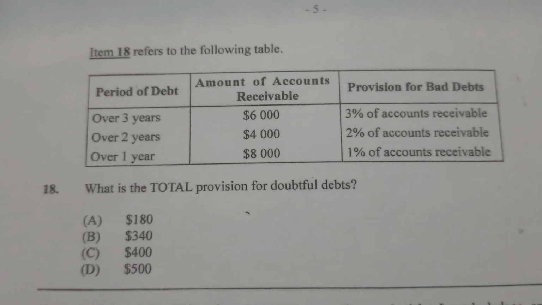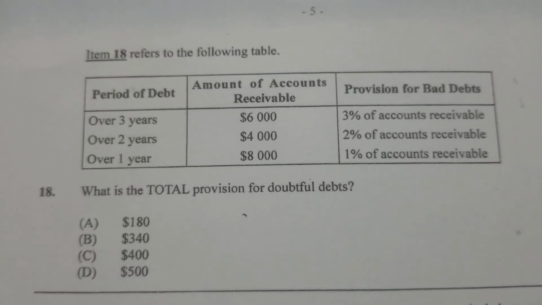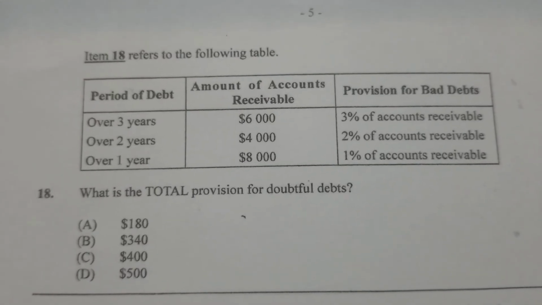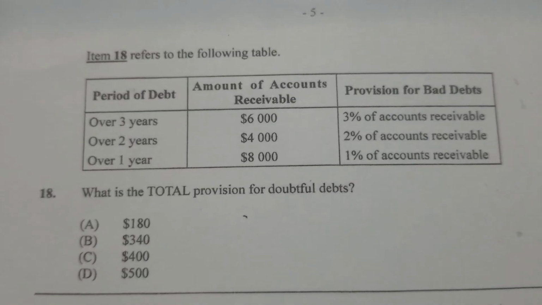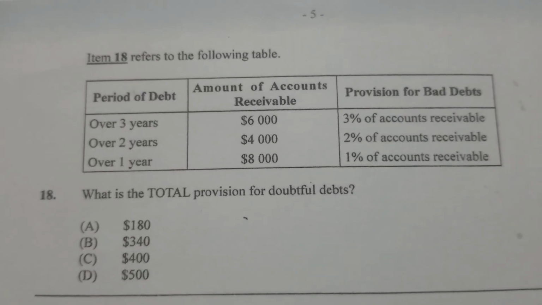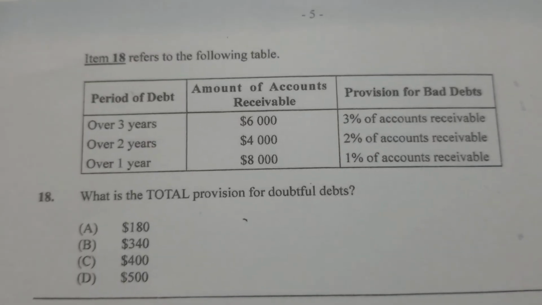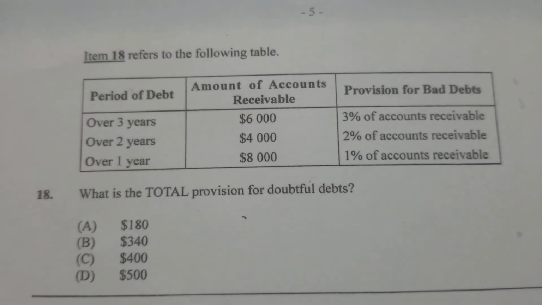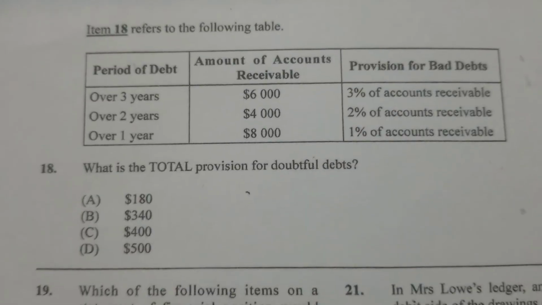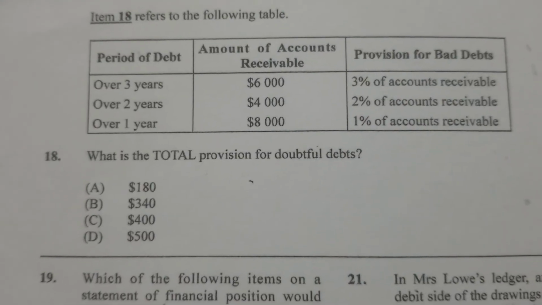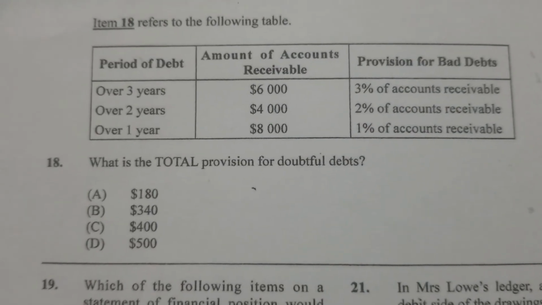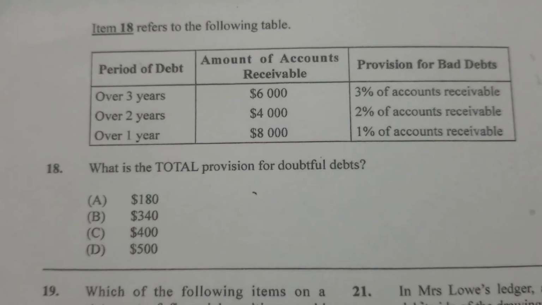So we'll find 3% of the 6,000, 2% of the 4,000, 1% of the 8,000, and we add all of what we got together, and that will give us the total. So our answer is B, 340.